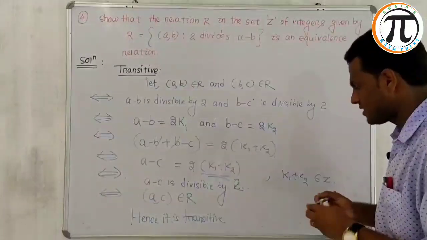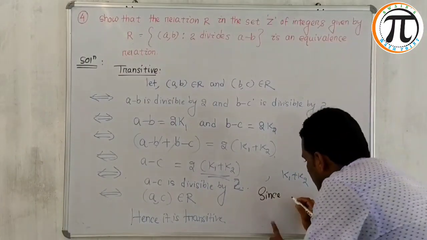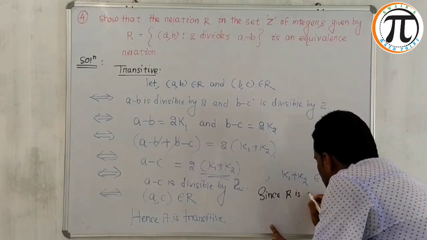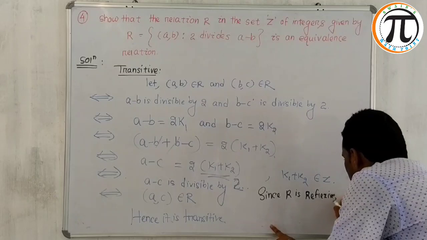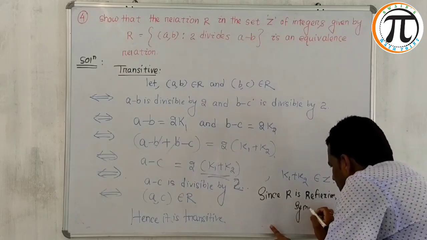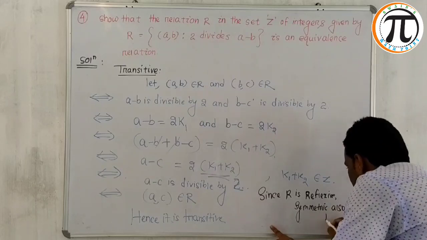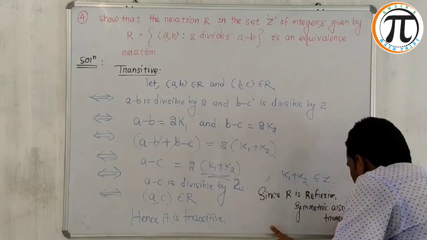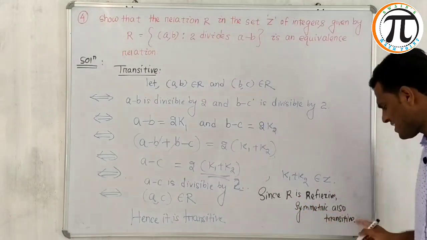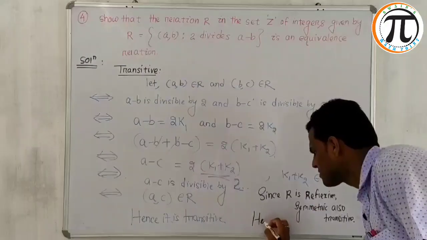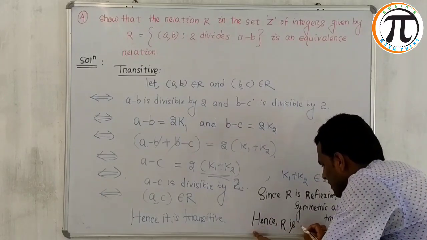So you have to write in the last part, since R is reflexive, symmetric, also transitive, hence the given relation R is what?